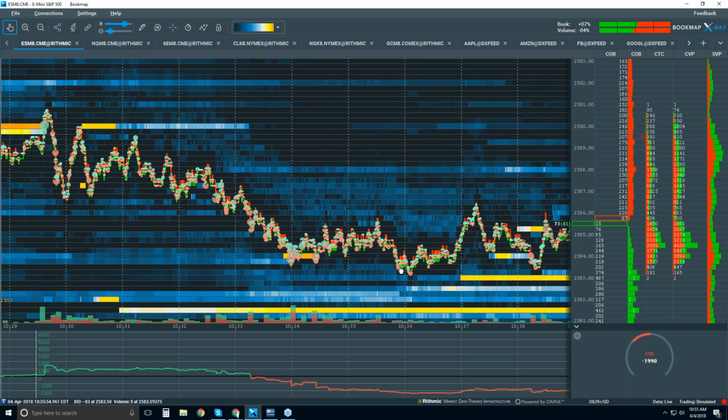Now we get one more breach to the downside here, but we come back in, and then look what happens. Look at the volume here. This is a buyer stepping in, and we have something different now. We're seeing a change in this order flow, a real nice change.